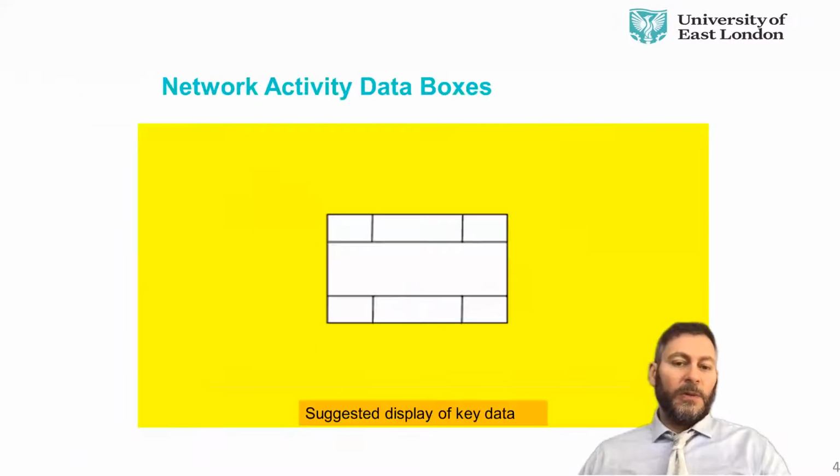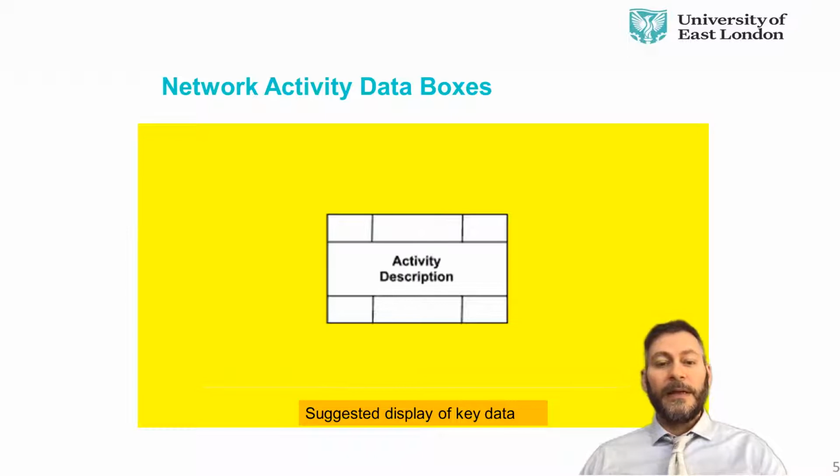All right, so let's start with the first reminder of how we draw each activity. Now, there are different approaches. Some people use circles, some people draw it on the line. We're using the box because it is the most intuitive way of presenting an activity. These are different activities that we need to create. So in the middle, we put the activity description. It is actually optional.